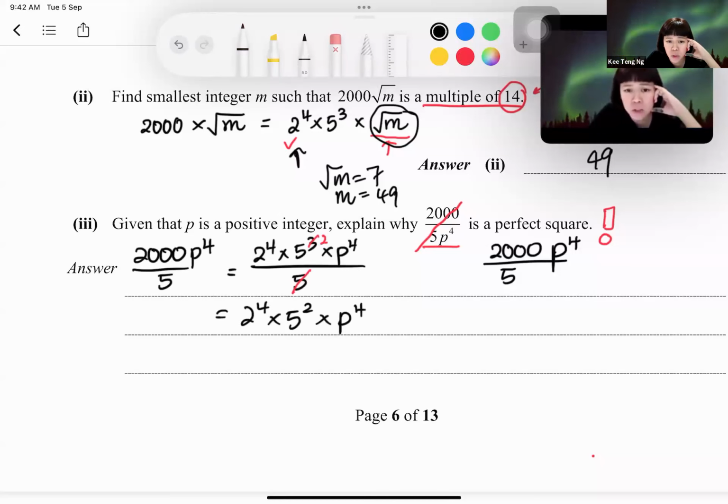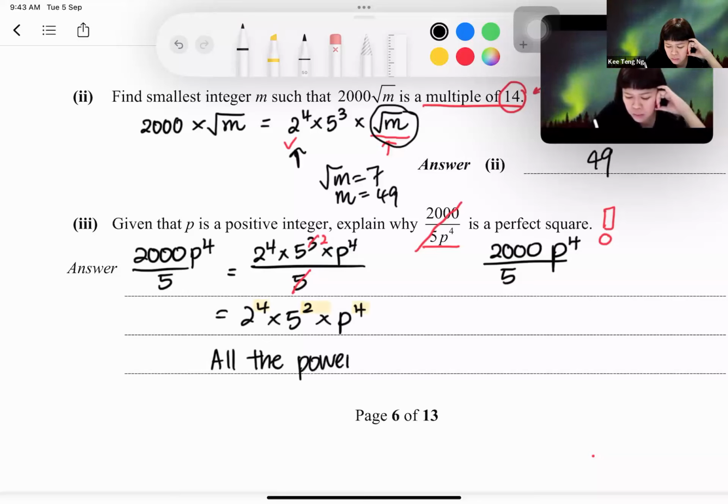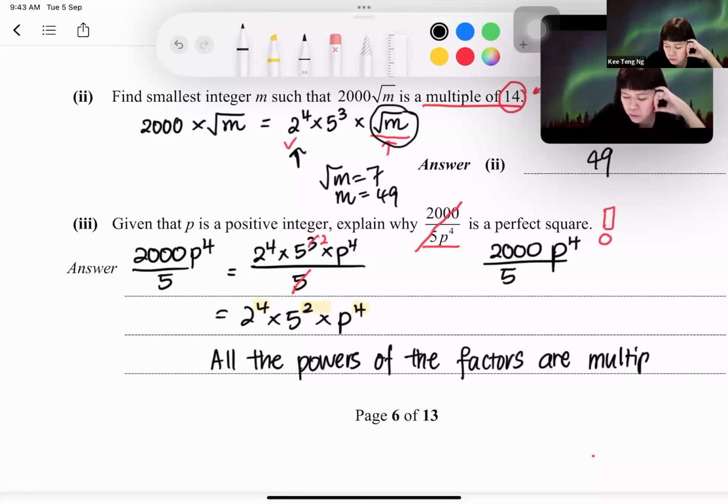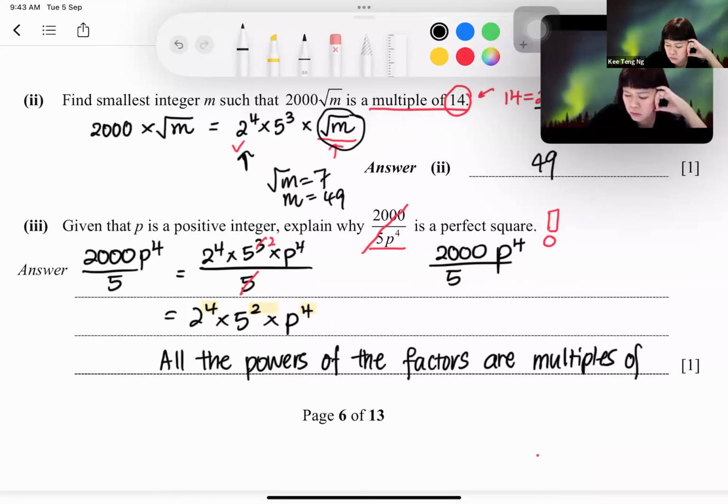Since P is also an integer, it can be observed that this can be expressed as a product of its prime factors, where all the powers are multiples of 2. Therefore it is a perfect square.